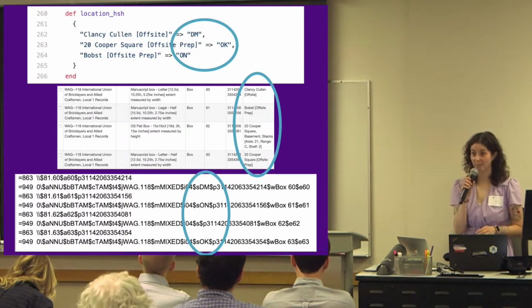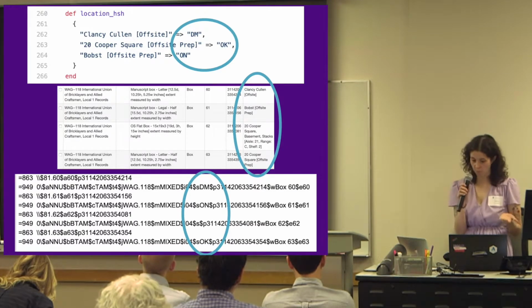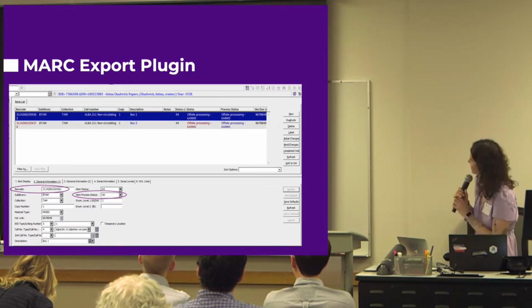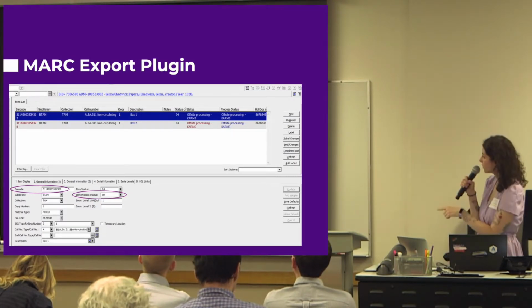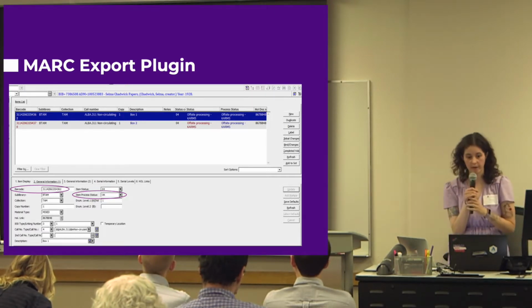Previously, we had been doing this manually, which was incredibly time-consuming and definitely prone to error. And you can also see that information, specifically the barcode, the item processing code, those are loaded directly into our ILS.